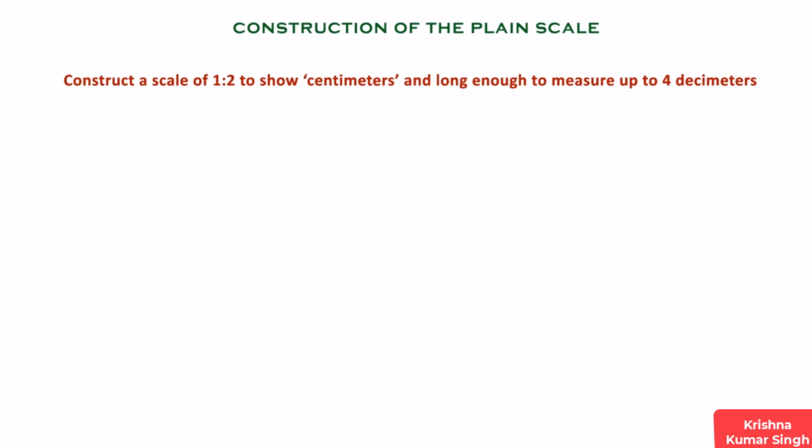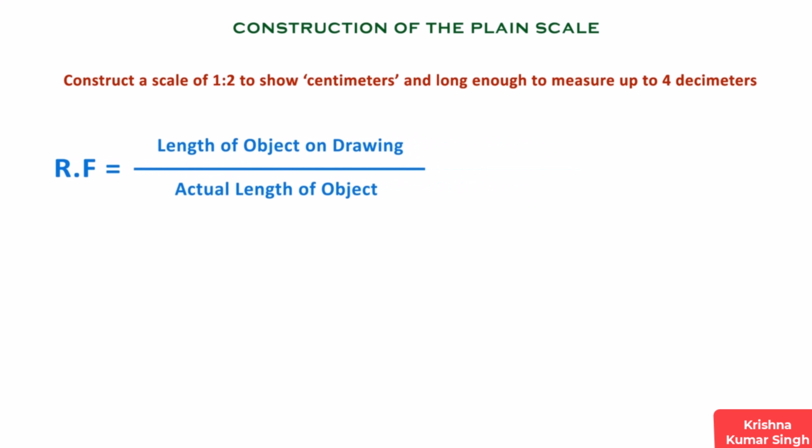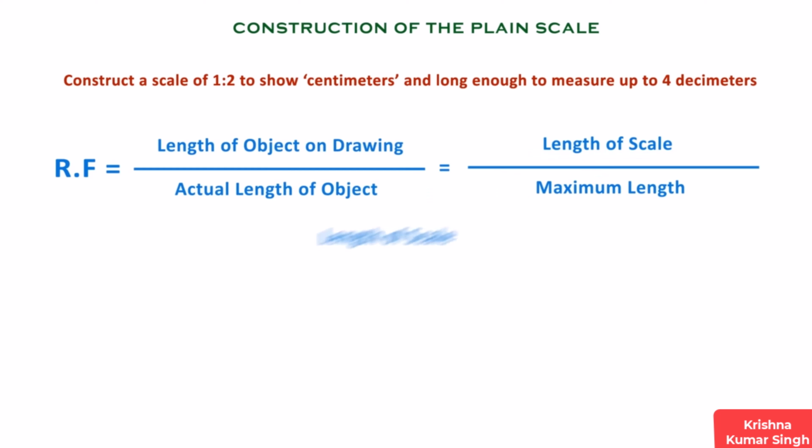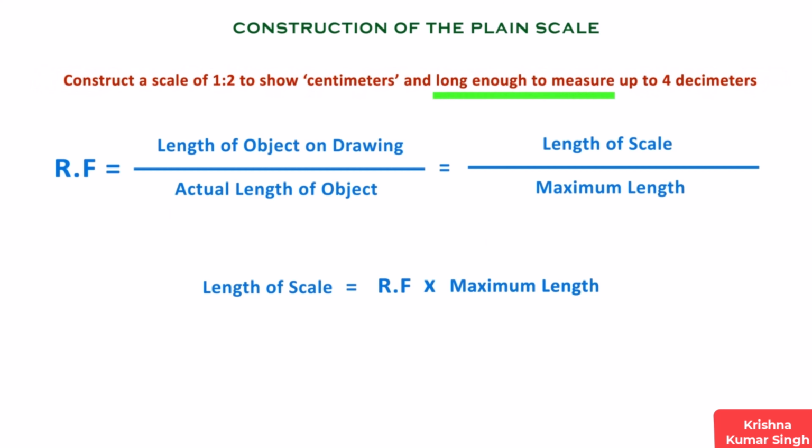We know the formula for RF, that is equal to length of object on drawing divided by actual length of object. We can also write it as length of scale divided by maximum length. So, length of scale equals RF times maximum length. In the question, it says long enough to measure.